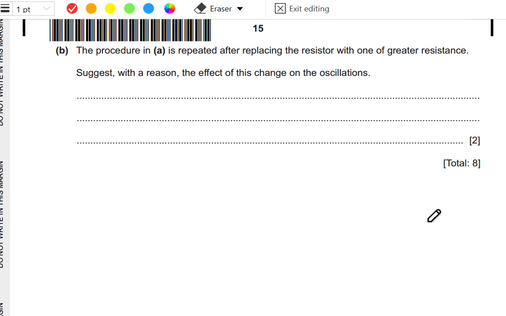So as resistance increases, the current in the circuit will decrease. As R increases, current decreases, and energy loss will decrease as current decreases.